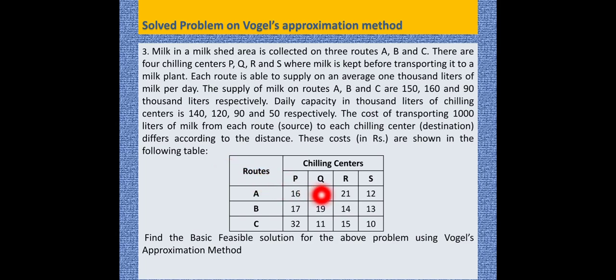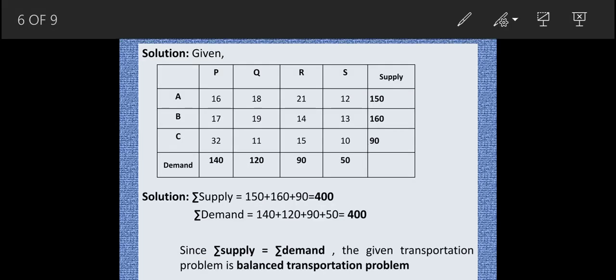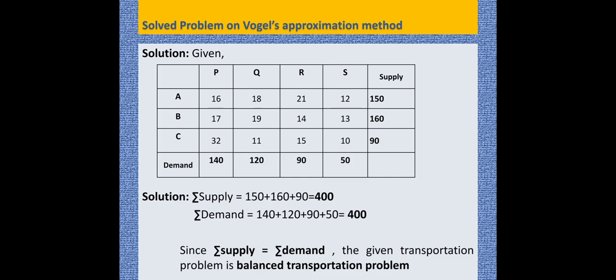So 16, 18, 21 and so on are nothing but transportation costs. We need to find the basic feasible solution for the above problem using Vogel's approximation method. Here A, B, C are the sources with supplies 150, 160 and 90, which are given in the problem, and the demand is also given in the problem.